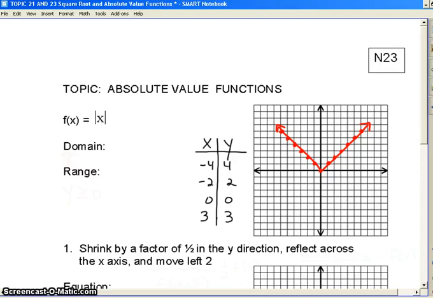You could graph others, but make sure you know what the graph looks like, because when we transform it, the other graphs will look similar. The domain of this graph is going to be all real numbers. All x values work. In the range, you can see that there are no negative y values as part of this graph. So y is greater than or equal to 0.